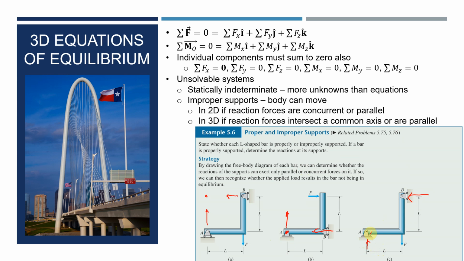And it's a pin. So it looks a lot like A, but it's not, because we can have a third reaction force. These two intersect at a single point, and this one here will never meet this one here. So this one's proper.